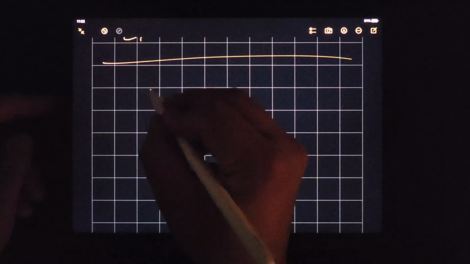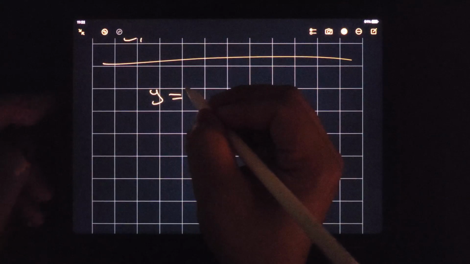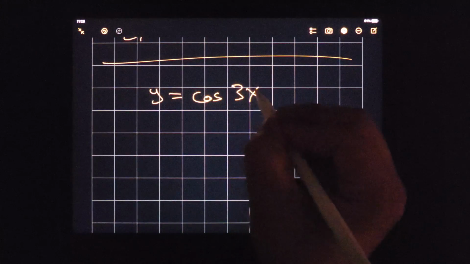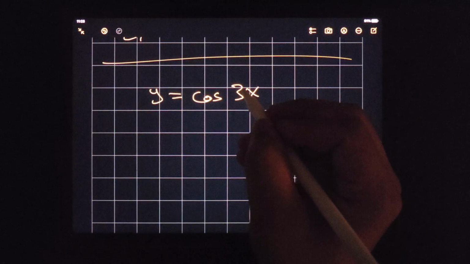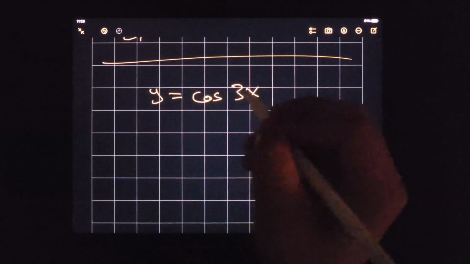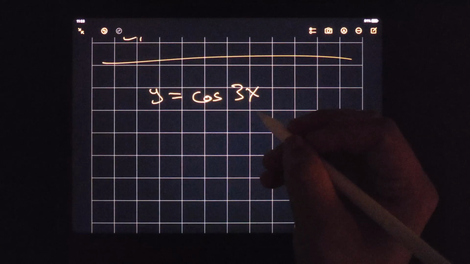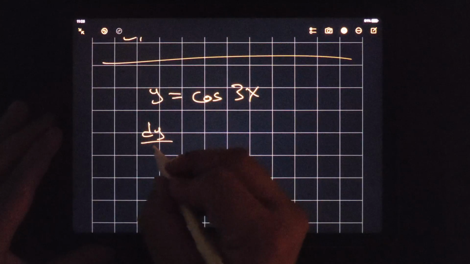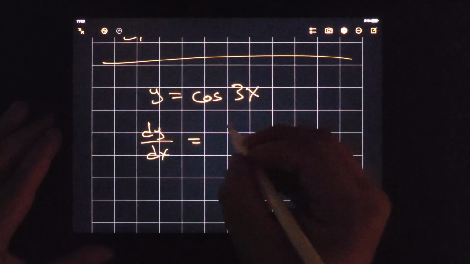Say you have y equals cos 3x. Well, at that point, you're going to want to do the chain rule.